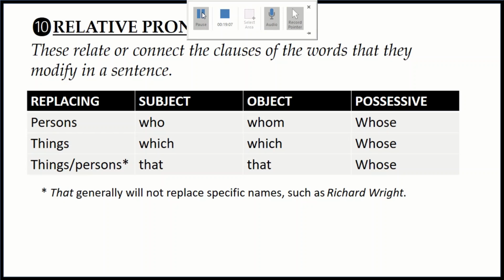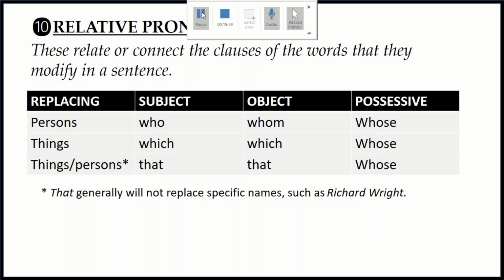So who is a relative pronoun because it connects the clause David is the boy, where the word David is actually related to who. Similarly, if I take a thing and make it an object, for example, that house is the one which was built in 1975. So which again is functioning as an object over here.